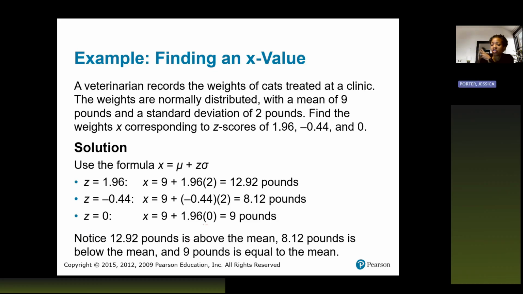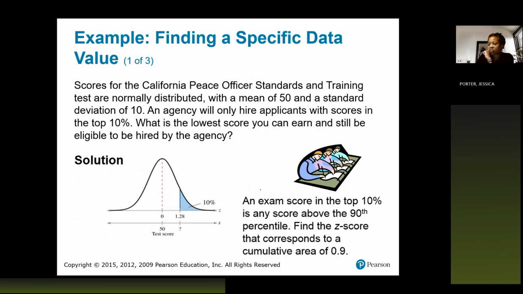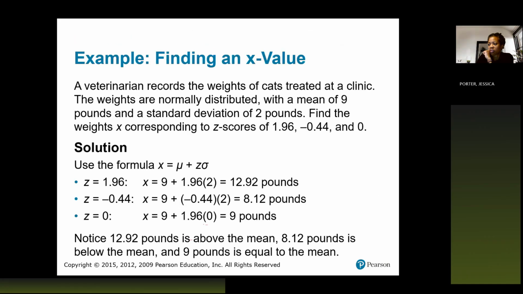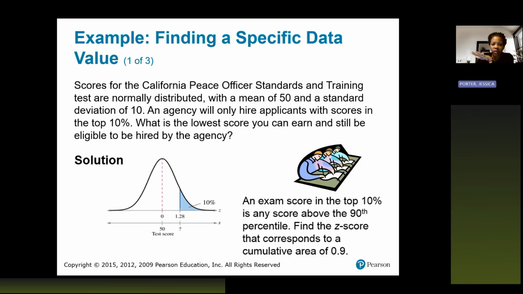And we notice 12.92 pounds is above the mean, 8.12 pounds is below the mean, and 9 pounds is equal to the mean because we're at 0. So that's really just a formula that you're going to have to apply there.